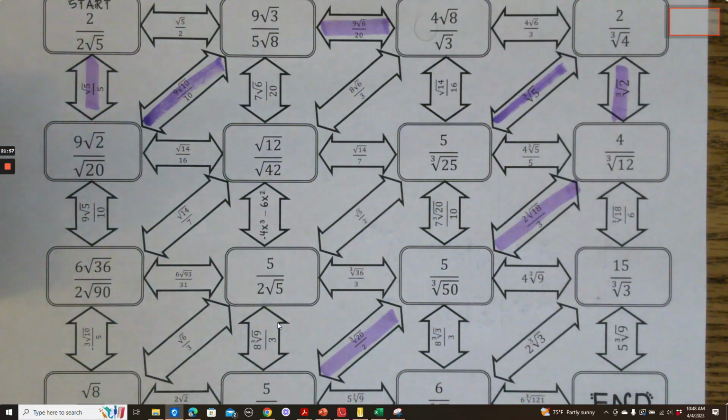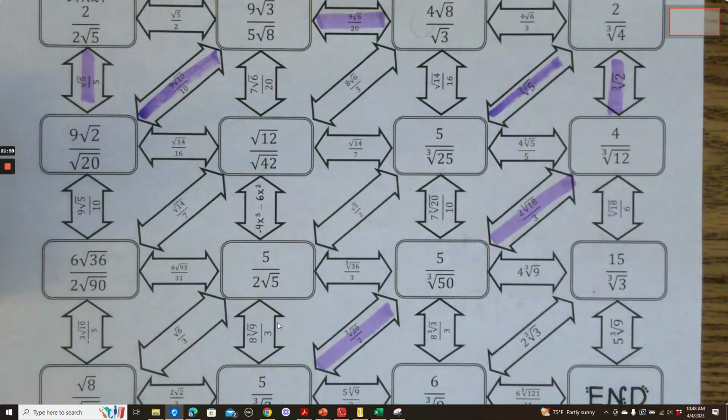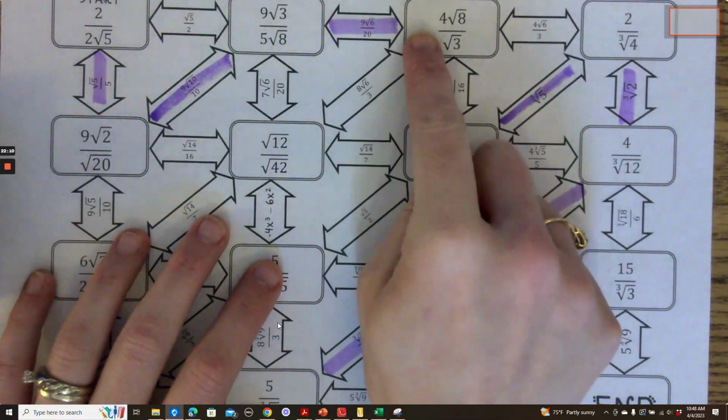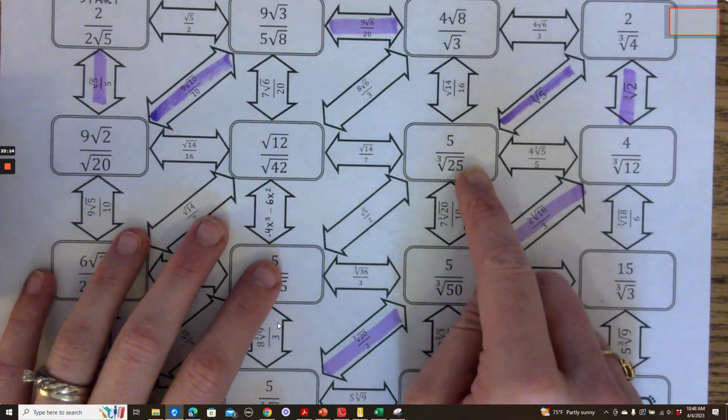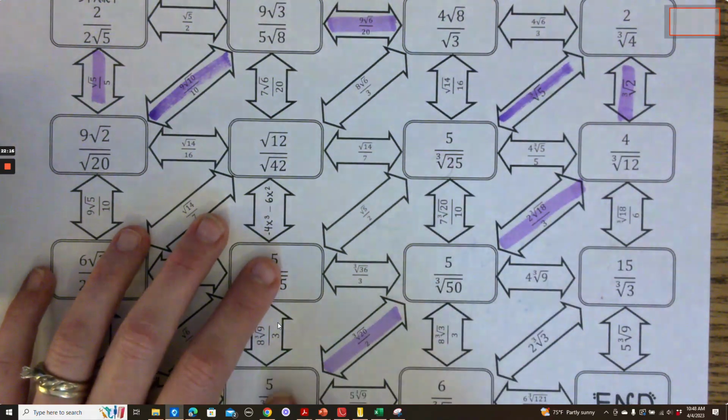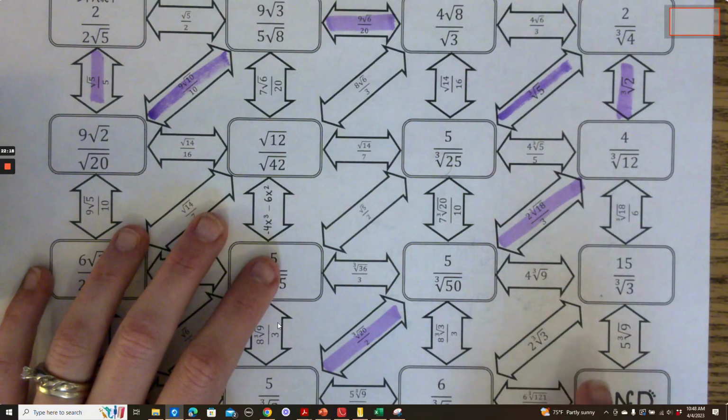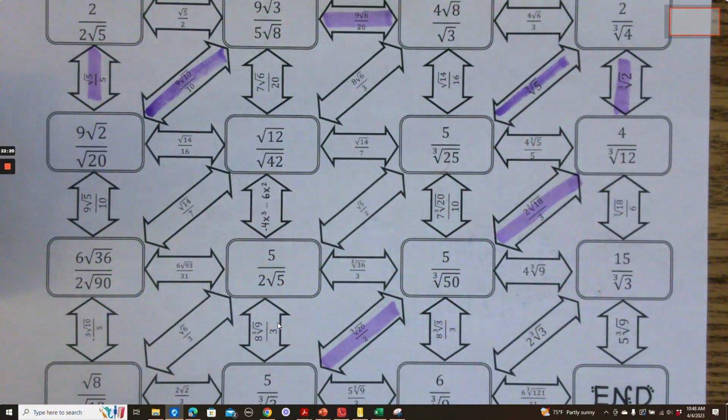We've done 7. That means you got 8 left. So you need 15 total arrows colored. Okay, so either start here and work your way to this box. This is kind of your first checkpoint. And then from here, you've got to get to the end. Yep.